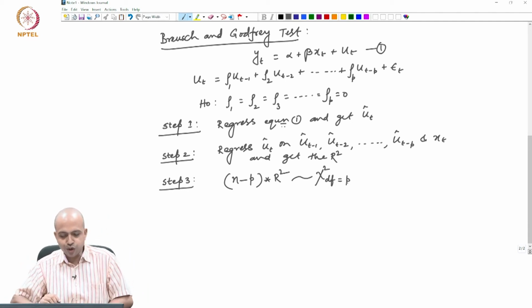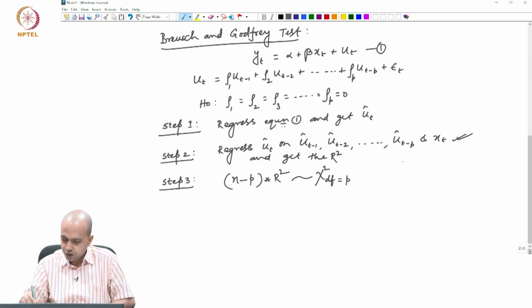Now, one thing you need to keep in mind: I am interested in autocorrelation, that means whether ut depends on all its previous values or not. But here in step 2, why have I included this xt also? Can you think of why? I am writing the question for your thinking.